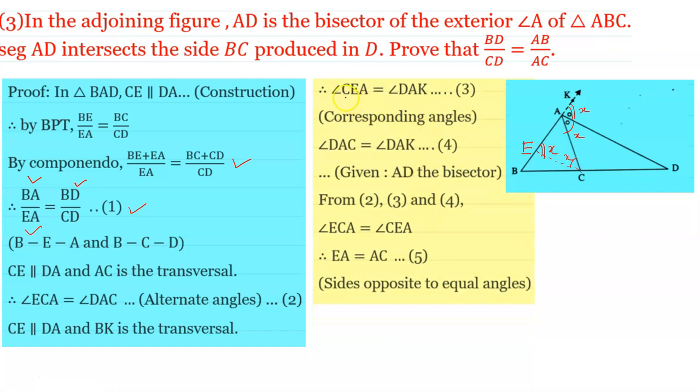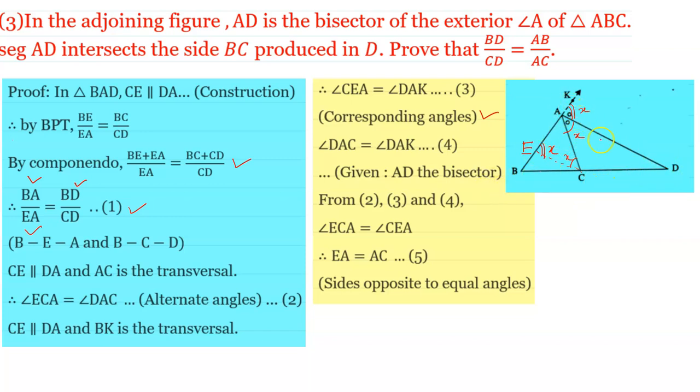Now the next is angle CEA. Angle CEA is equal to angle DAK. What type of these two angles are? They are the corresponding angles. म्हणजे या दोन लाईन्स कशा तर पॅरलल आहे, ही त्याची ट्रान्सव्हर्सल आहे. These are the corresponding angles, and we know that angle DAC is equal to angle DAK.